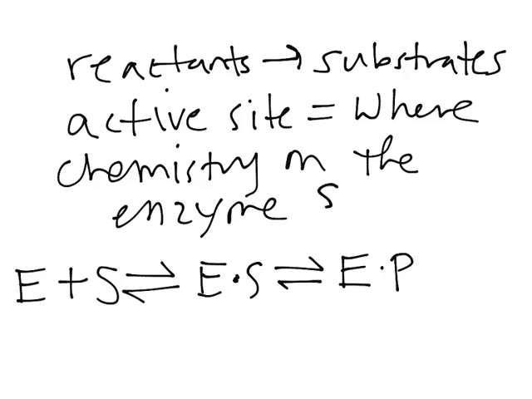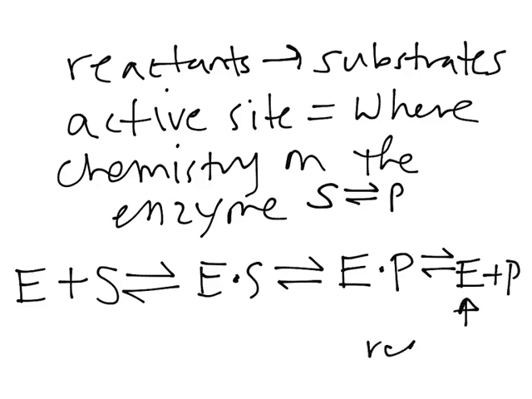So maybe I should write, we're talking about the conversion of S to P, so substrate to product. And then after that chemistry happens, the product is released from the enzyme, and the enzyme itself is regenerated, hence making it a catalyst in this particular chemical reaction.